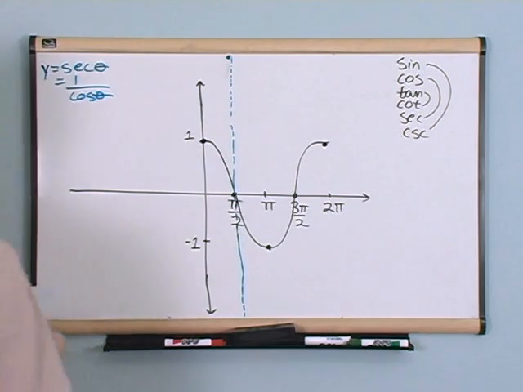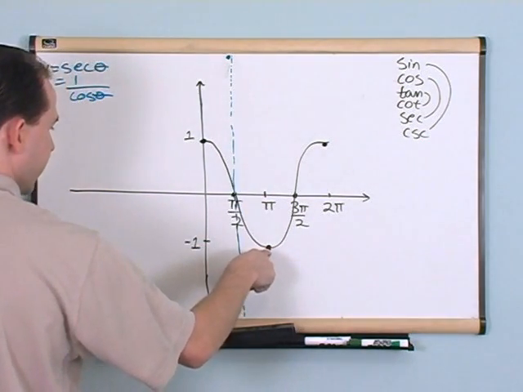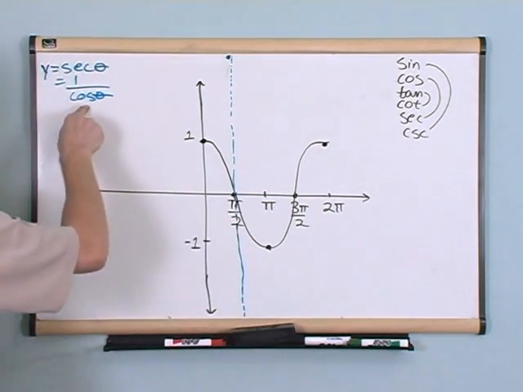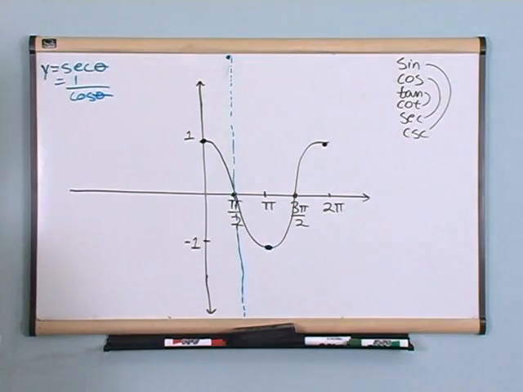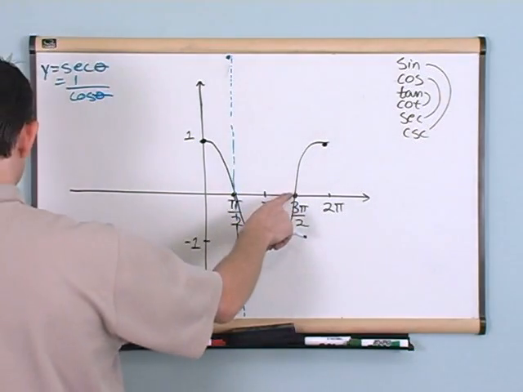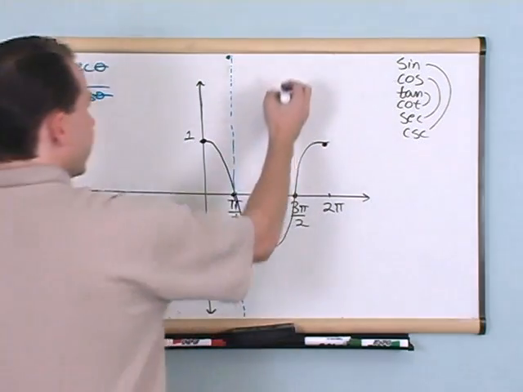All right? At pi, cosine pi is negative 1. 1 divided by negative 1 gives me negative 1, so I've got a dot right there. 3 pi over 2 is, again, at infinity.